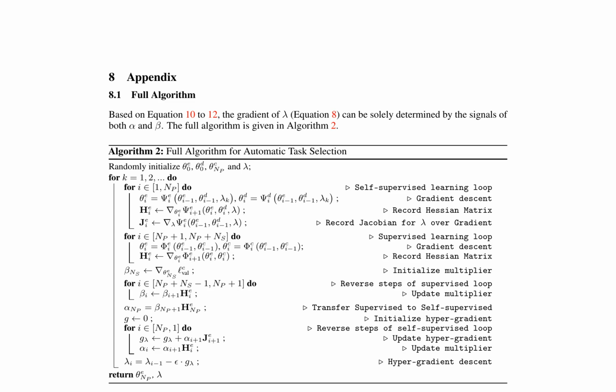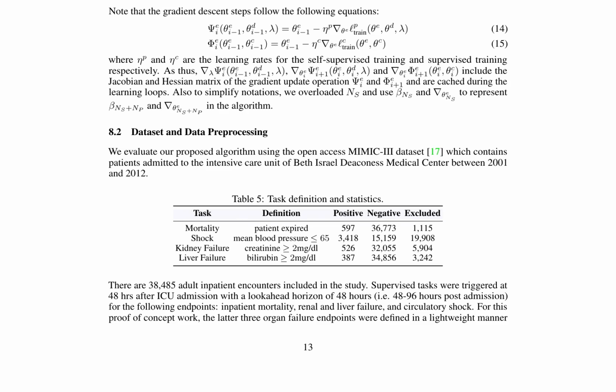Finally, lambda is updated using hypergradient descent following equations 14 and 15, which define the update rules for theta e and theta c. Learning rates eta p and eta c are used for self-supervised and supervised training, respectively, including the Jacobian and Hessian matrix and cached values.